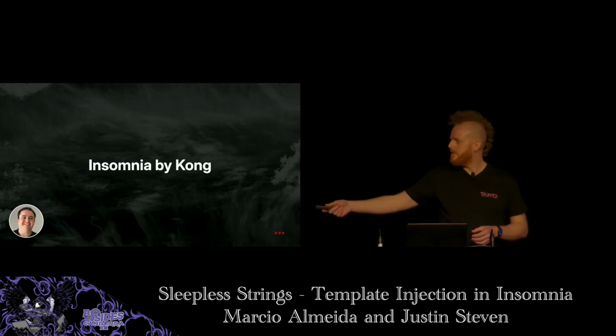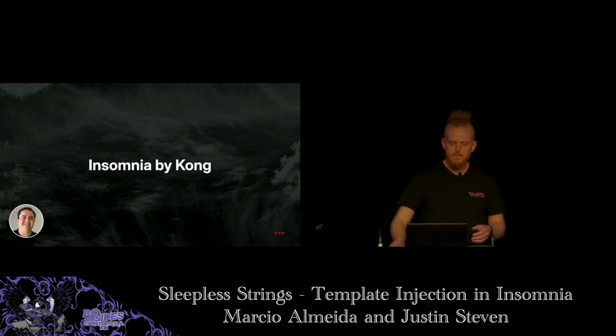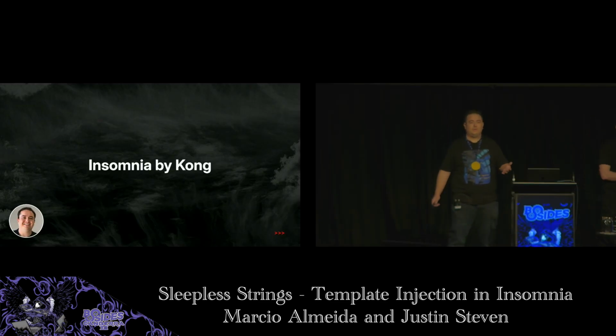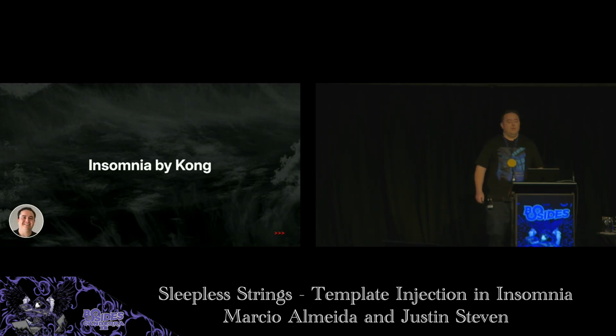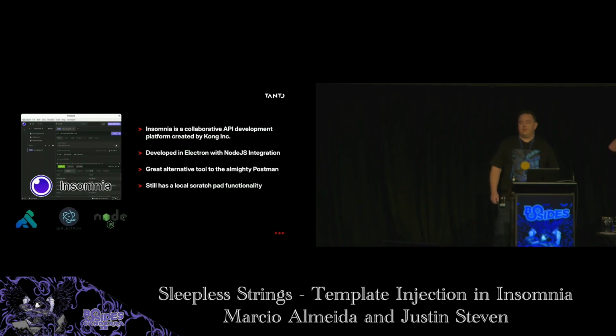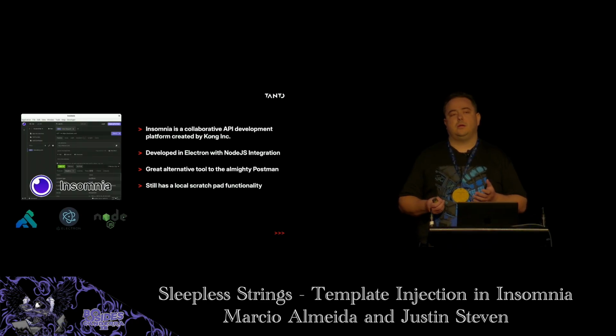Thank you, Justin. All right, guys. Now, let's talk about the tool that actually brought us here today. So what's Insomnia? It's not the problem that keeps us awake at night, but it's actually an API tool developed by Kong Incorporation. The main goal of this tool is that users can create example requests.